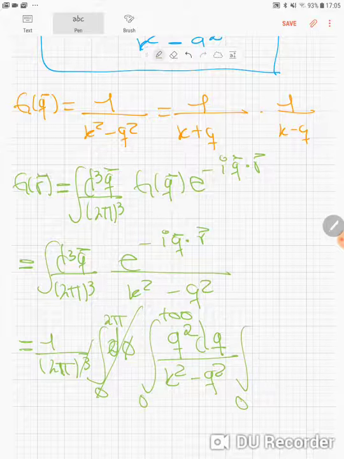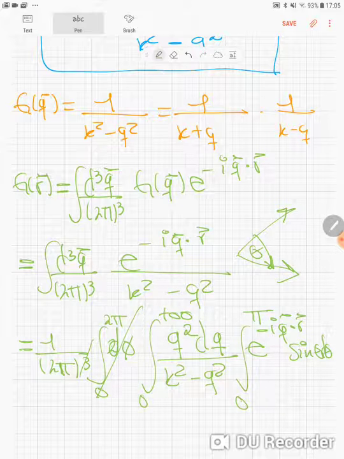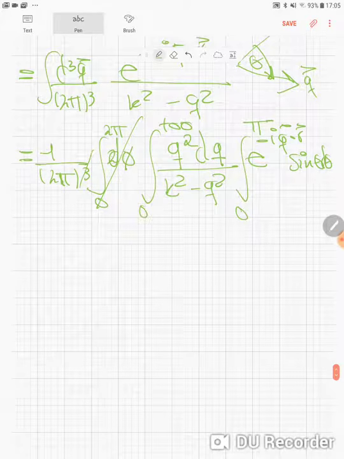And then from 0 to π of e^(-i q·r) sine theta dθ. Remember what I just said: this angle theta in spherical coordinates is the angle between r and q. Knowing that, we can proceed to write it this way.